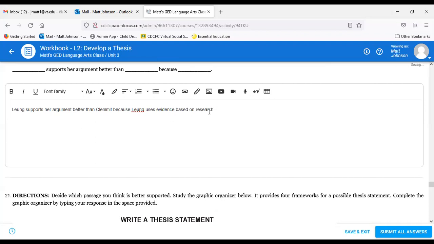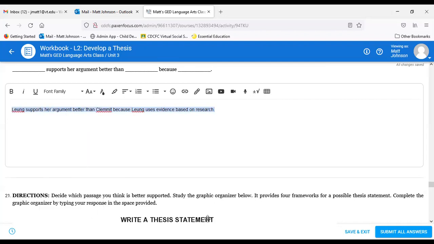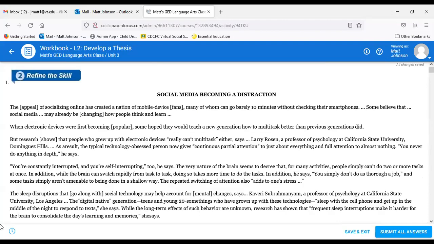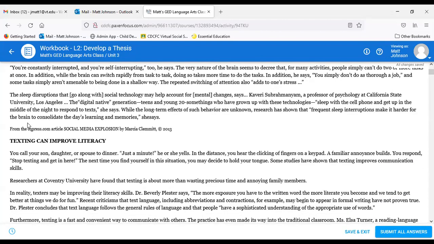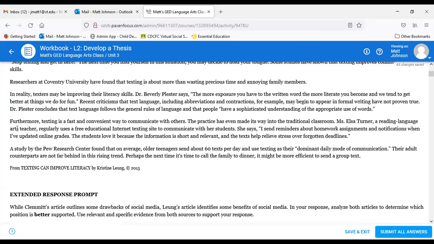And there you go. But I think they both use this evidence. They use the evidence based on research. Yeah, they do. Well, actually, we can make that stronger, right? So we could address the type of evidence that both use. Or you wouldn't have to do that either.